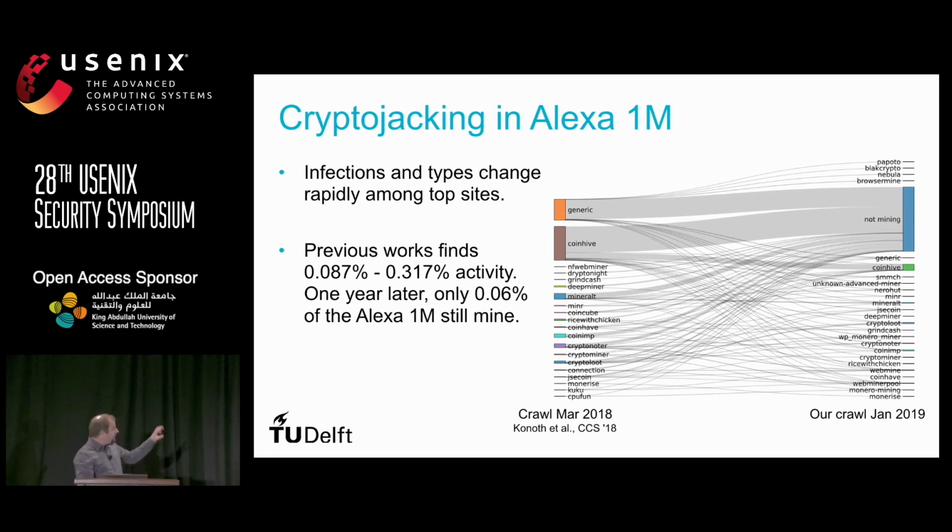The other part, I think, is that the ecosystem has been becoming a bit more aware of this problem and has also noticed that this is not too profitable for their operation. So I think it's a general decline in this because the Monero price also dropped. It is less useful, and also issues such as the Alexa 1 million turnover. But I think this should probably average out on a large scale.